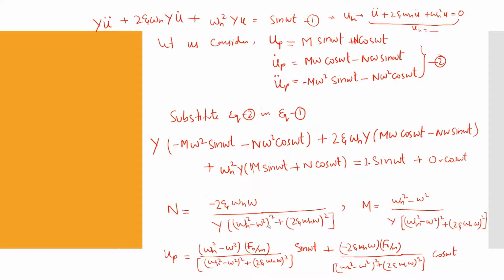Now if we write u of p, we have considered eta as omega by omega n.